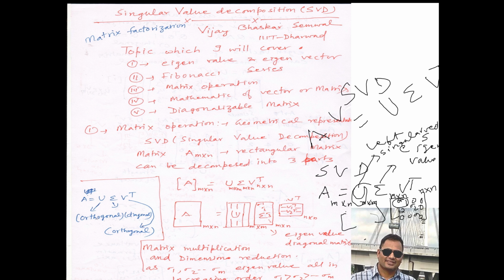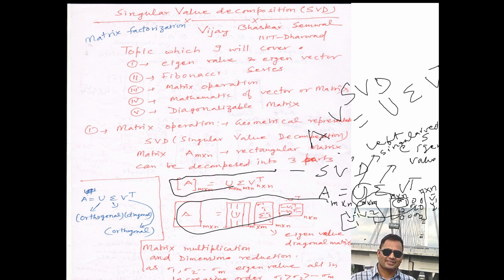Let us say u1, u2. Corresponding to sigma 1 there is vector u1, corresponding to sigma 2 there is vector u2, and similarly we will have v1 and v2 transpose in this direction. So if you see this portion, what is happening? I have decomposed the problem into three portions.